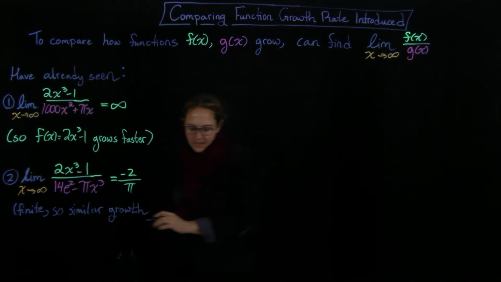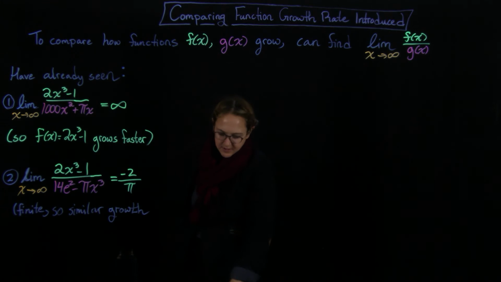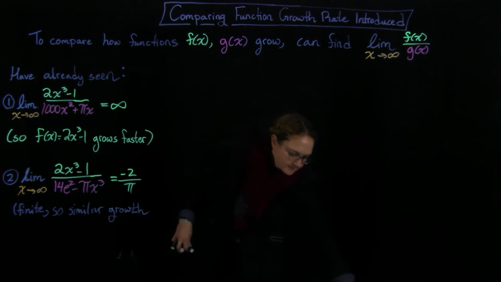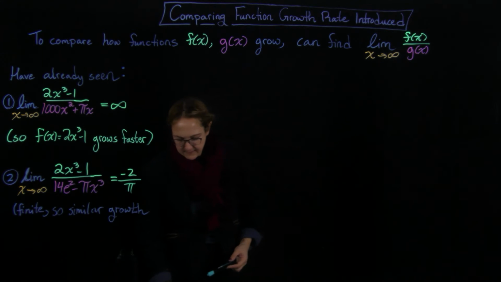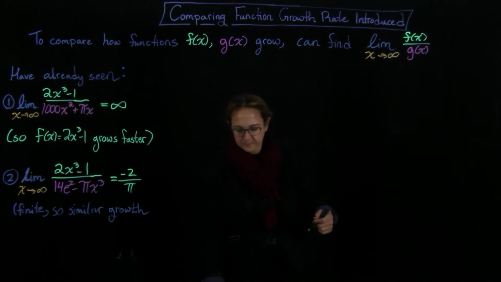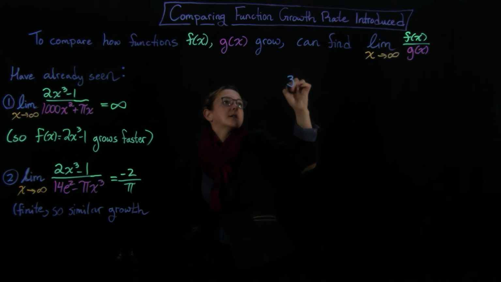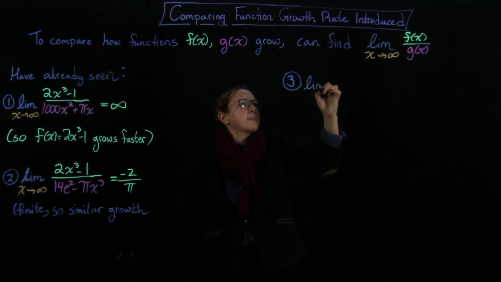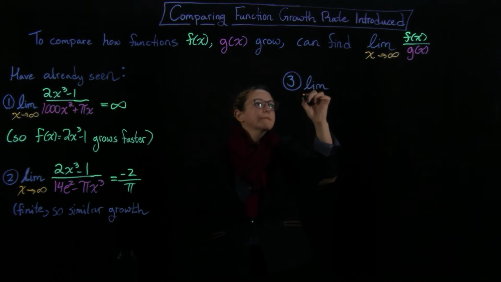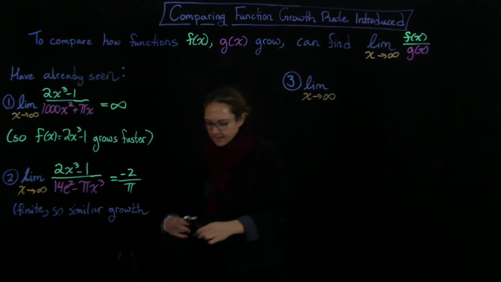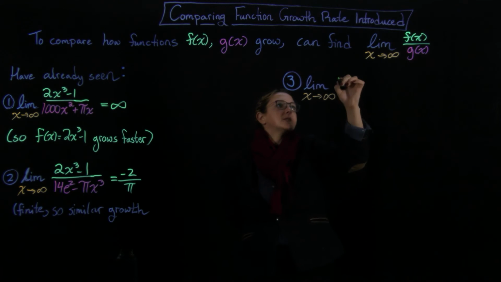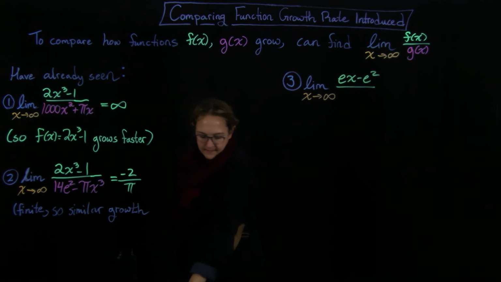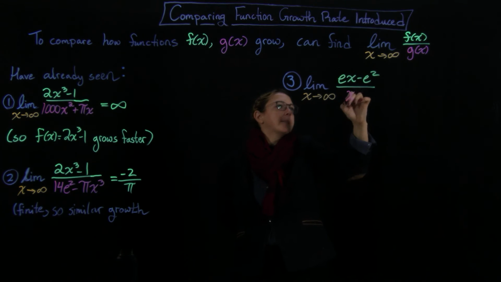Okay, great. And now we're going to look at one more. Now we're going to have the limit as x goes to infinity of e to the x minus e squared, divided by x squared minus pi.